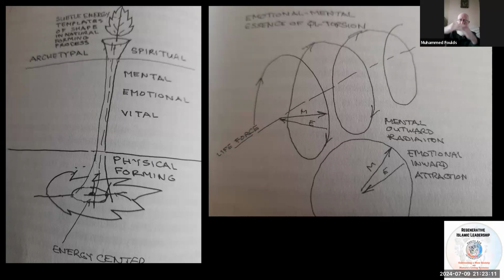One pattern connecting to the next pattern. So all of nature's templates, all of the patterns of the rose and the leaf are in the heavens. And through the resonance and the spiraling, it's all coming down.